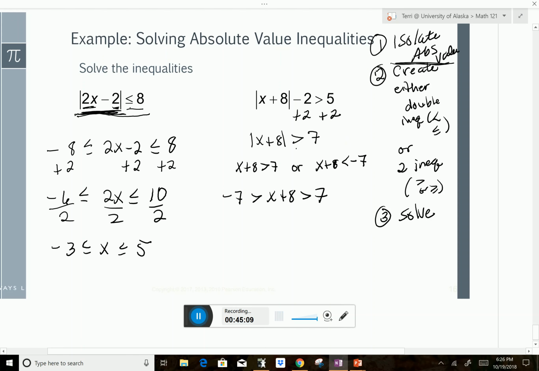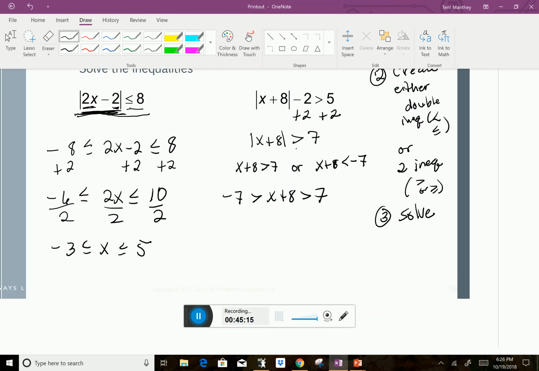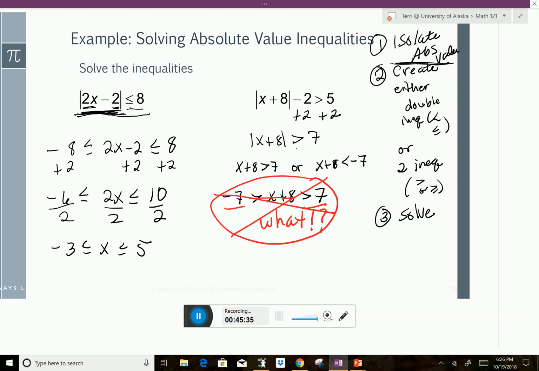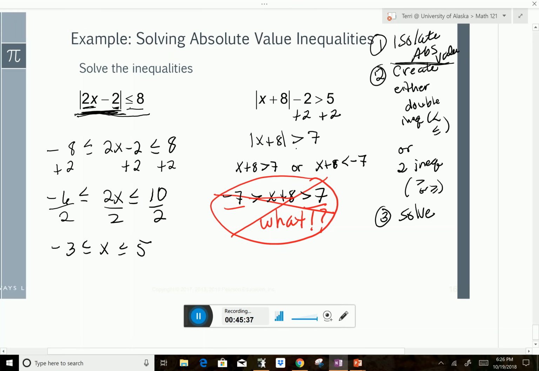We can't really say that, because if I cut out the middleman in the middle, then I'm saying that negative 7 is greater than 7. I can't do that. So that is wrong. It has to be two separate inequalities in order for it to work.